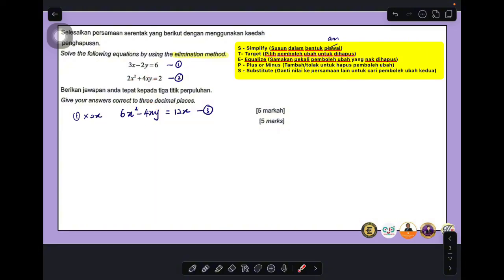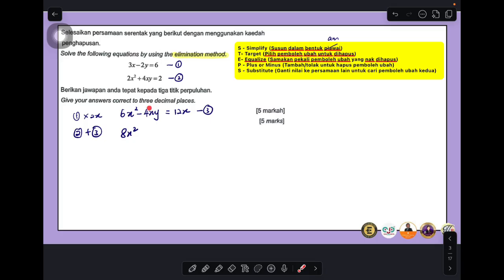When both symbols are different, what you can do is plus. Kalau tanda sama, both negative, we must do minus. Different signs, we add. Same signs, we subtract. So ini kita buat persamaan 2 plus 3. Okay, kita plus. So 2 tambah 6, so 8x kuasa 2.